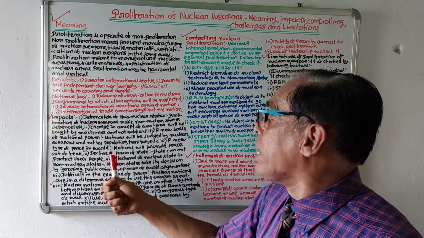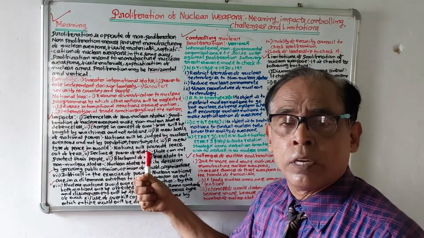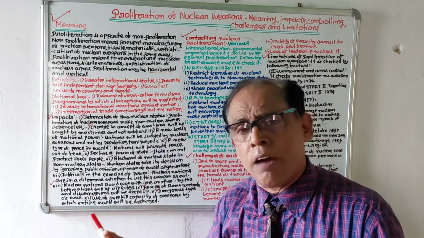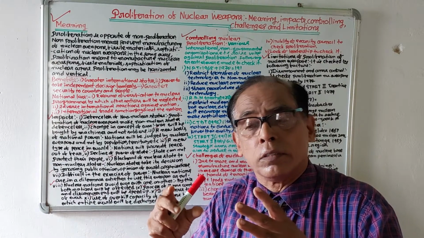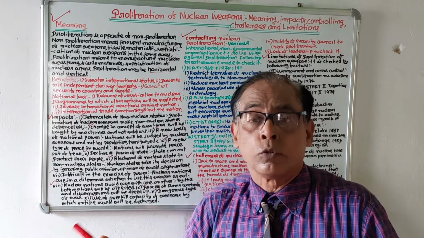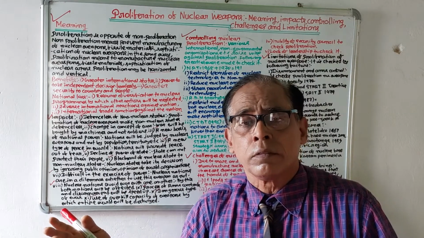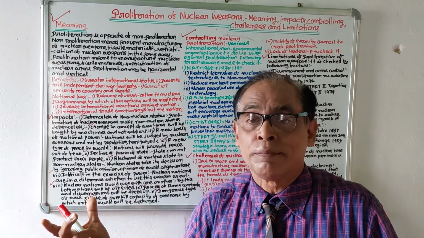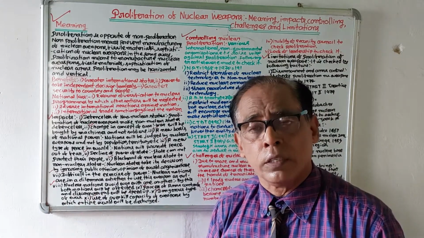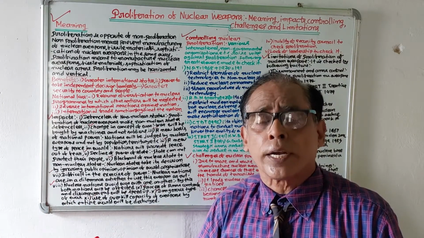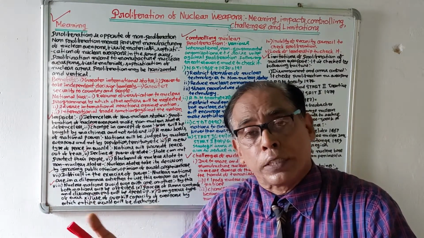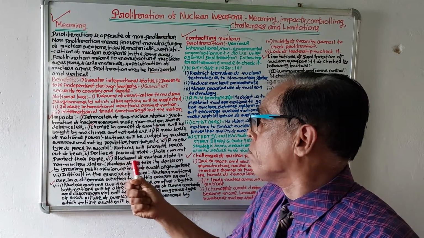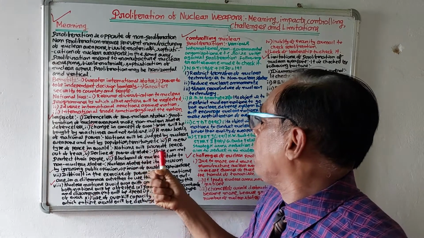Number 5, decline of power of states. If some nations have nuclear weapons, then other nations who do not have nuclear weapons will become powerless, because if a nuclear bomb is dropped, a nation cannot protect itself.